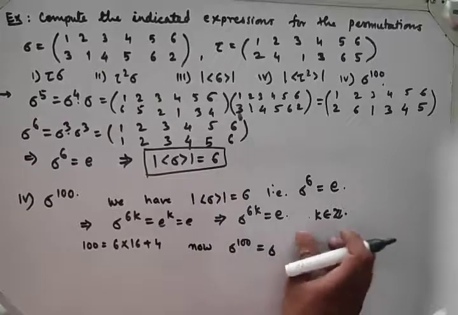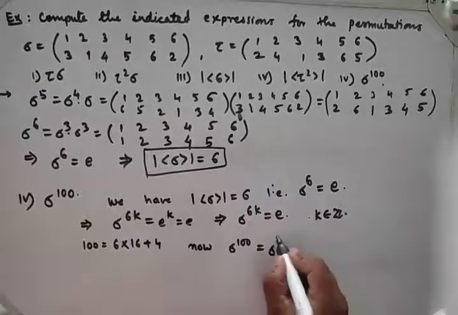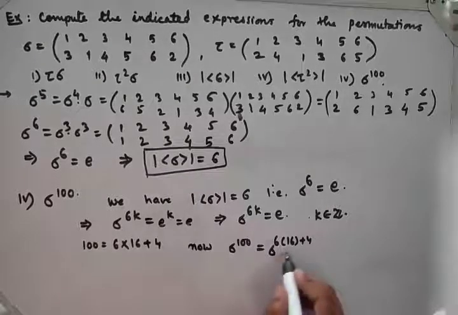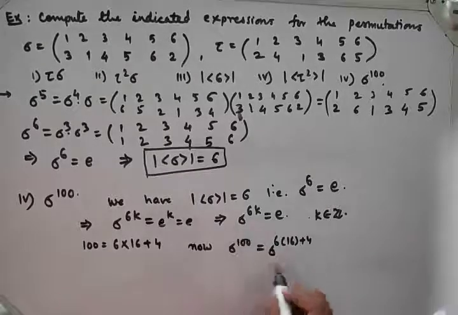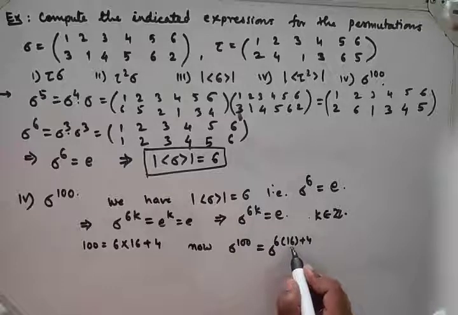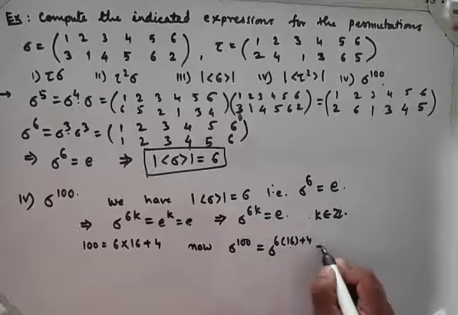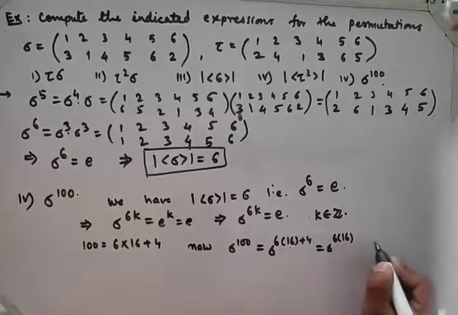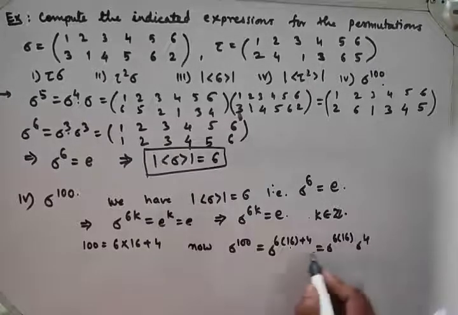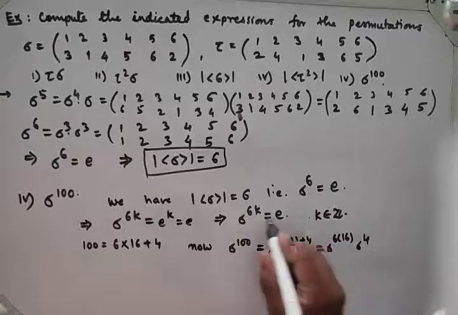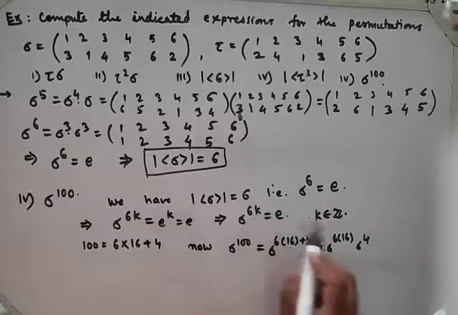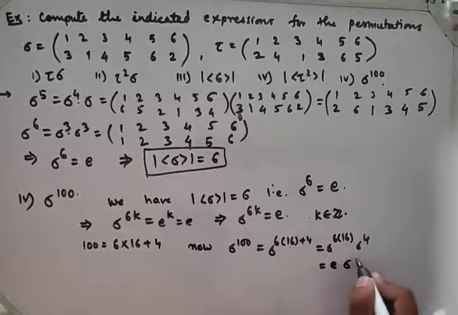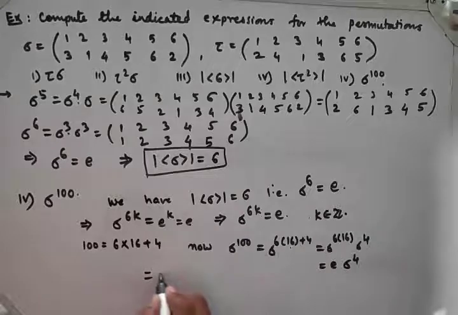Separating the indices, we get sigma raised to 6 into 16 times sigma raised to 4. The first factor is identity, because sigma raised to 6k, k belonging to the set of integers, is always identity. So this is identity into sigma raised to 4, which is equal to sigma raised to 4.